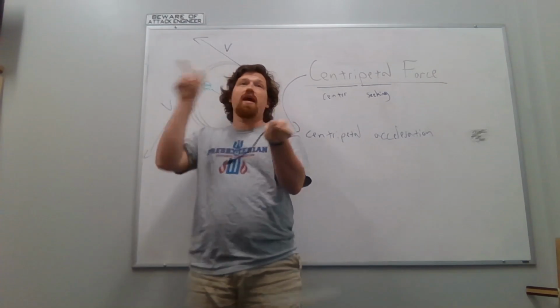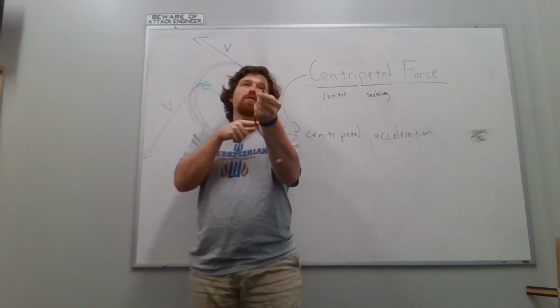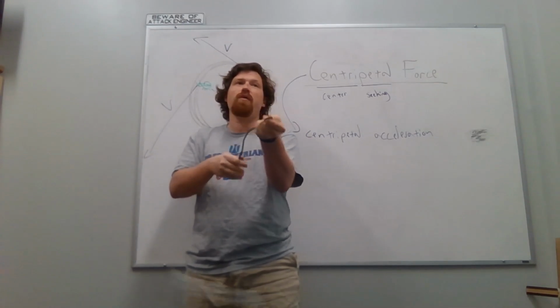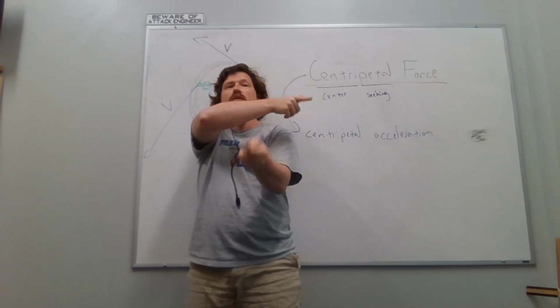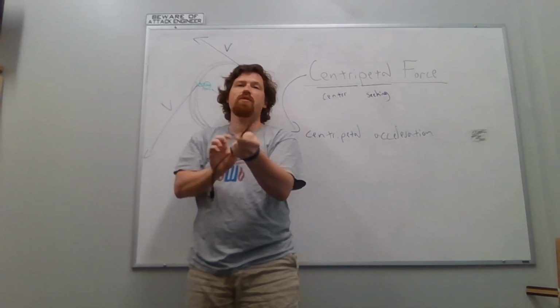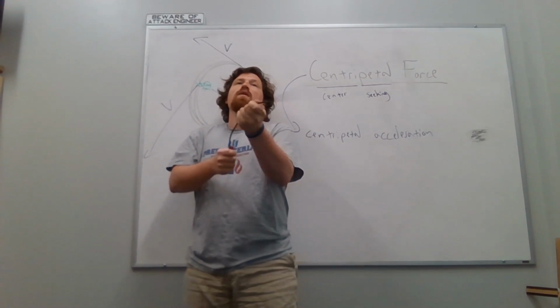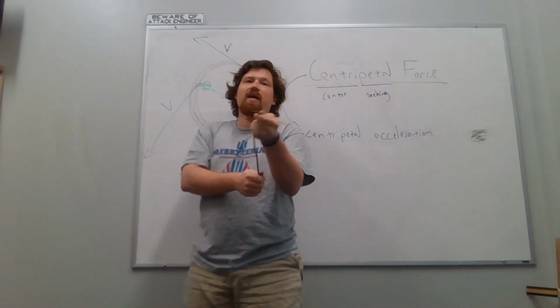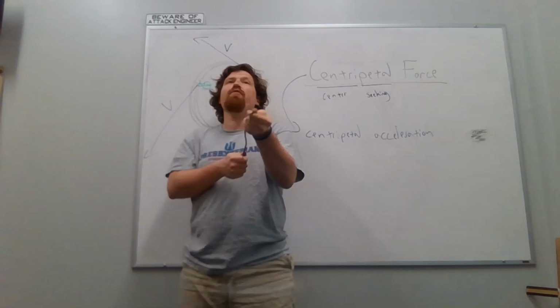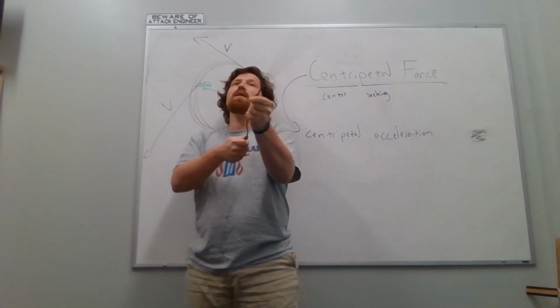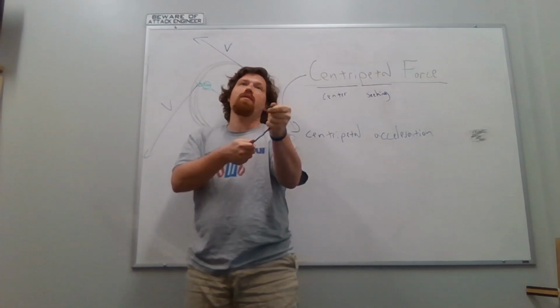It is moving angularly about this central point, but it's still moving linearly through 3D space. It's moving up and down in the vertical axis and side to side in the horizontal axis. And the force from the cable is the only thing that is actively keeping the tape moving in this circular shape.